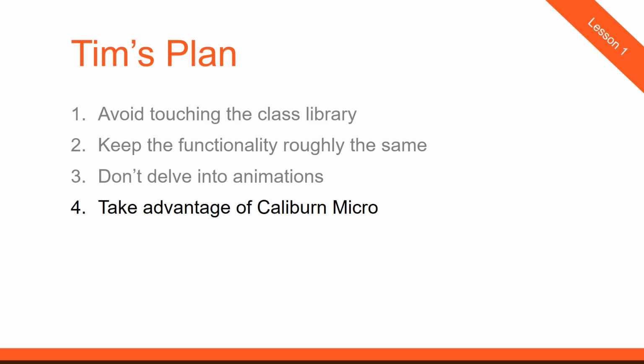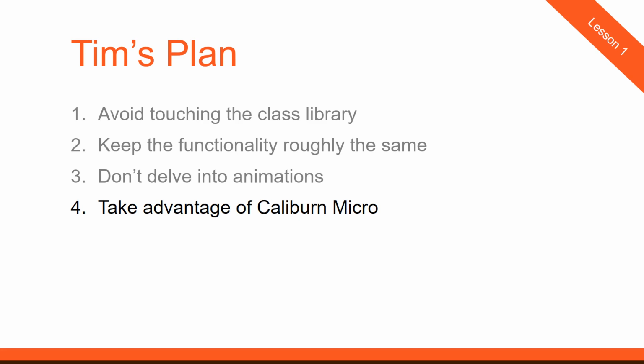So if we're going to do MVVM raw in WPF, we can do that. But we kind of have to build a lot of this functionality ourselves and then implement it. Caliburn Micro has built all that functionality, made it really powerful for us, made it clean, made it simple in some ways.